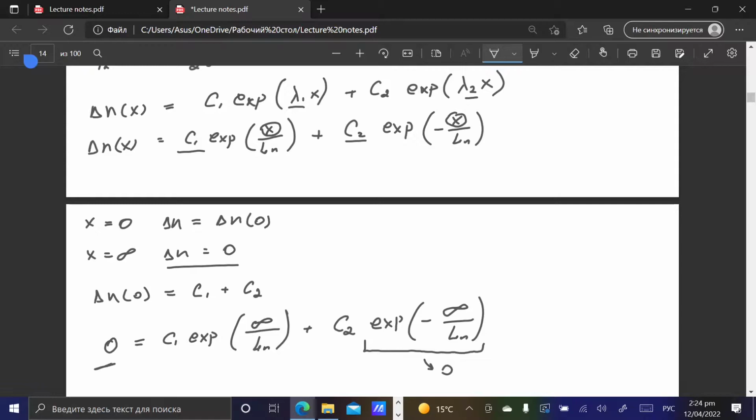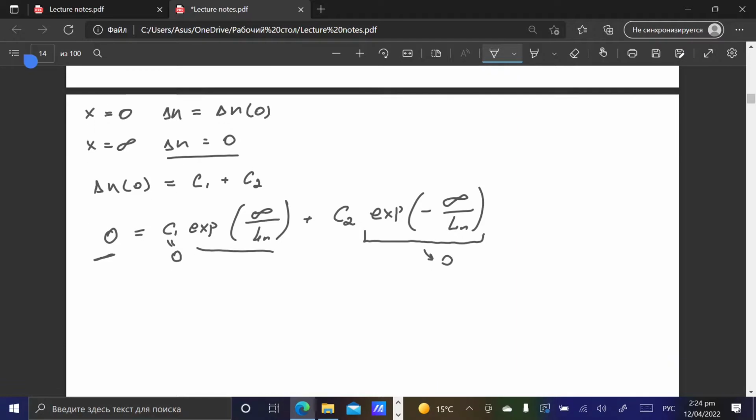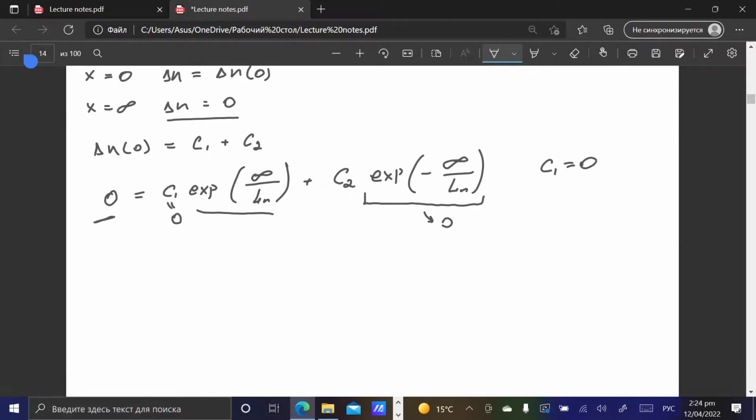So in order to have 0 on the left side, we need this constant C1 also to be equal to 0, because this exponent is not equal to 0, it's approaching infinity. That's the only option, so C1 is equal to 0. Taking this into account and substituting it here, we can write that C2 is equal to delta n at 0.